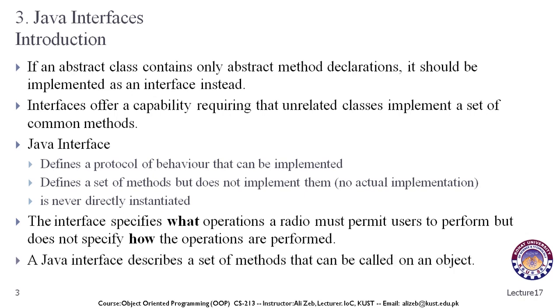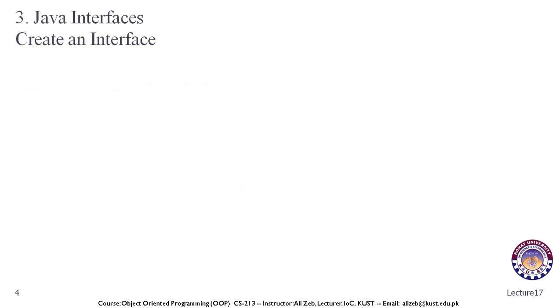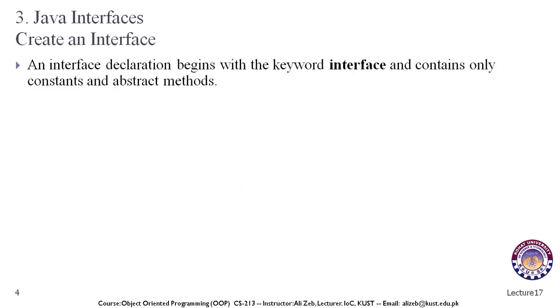A Java interface describes a set of methods that can be called on an object, and we will see this in our discussion in the future slides. So to create an interface, the declaration begins with the keyword interface. Same as when we declare a class, we declare it using the keyword class.